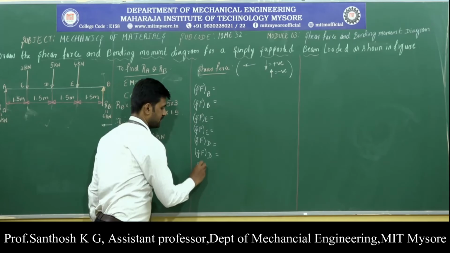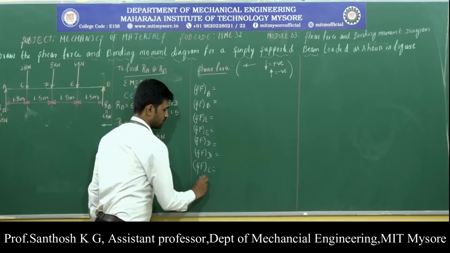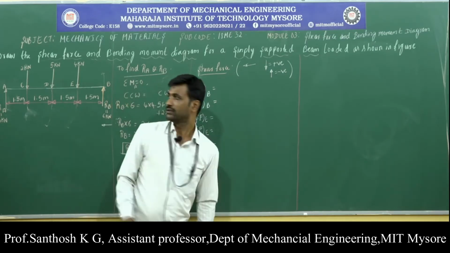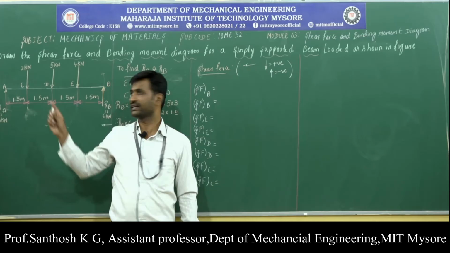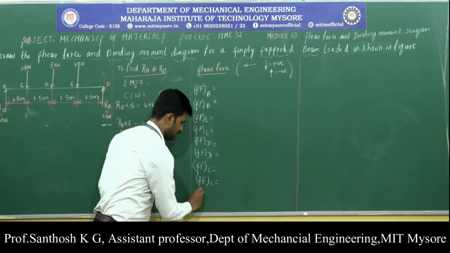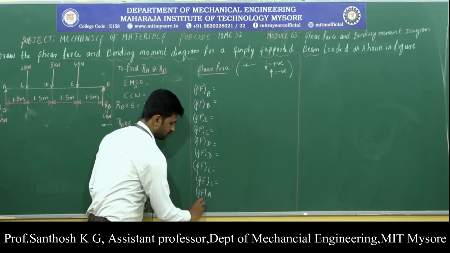So, after D we are having point C. At point C also we need to find the two values of shear force, as we are having the shear force acting at point C. Similarly, at point A we are going to find two values of the shear forces.